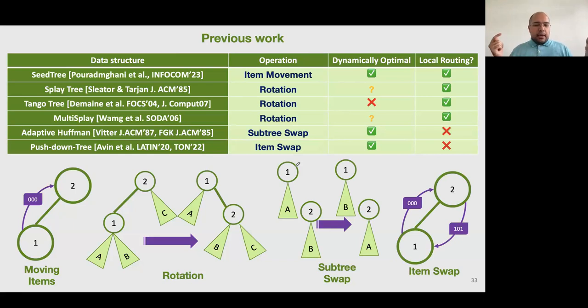When you reconfigure, you needed to swap two different items from the neighboring server. So there are more works on self-adjusting trees, but these are the selected works that we wanted to show different operations and what we can achieve with them.